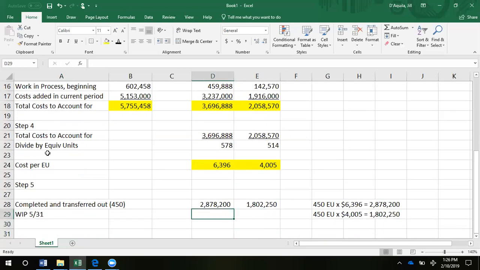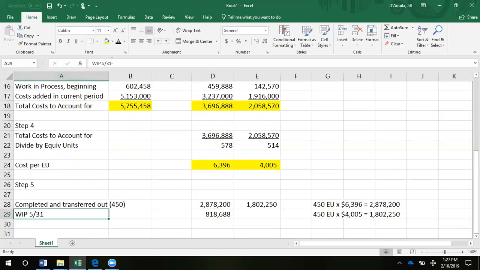So I will take 128 equivalent units times 6,396 to give me $818,688 for that work in process.